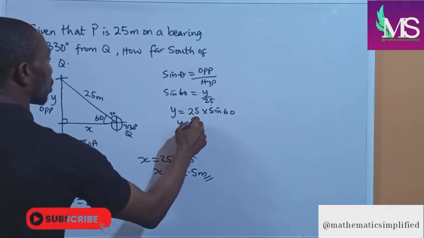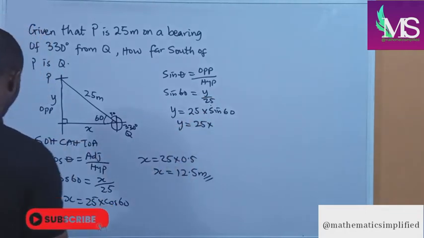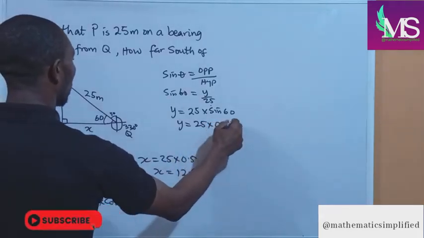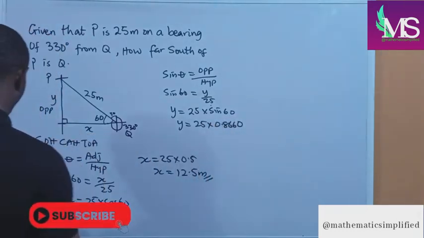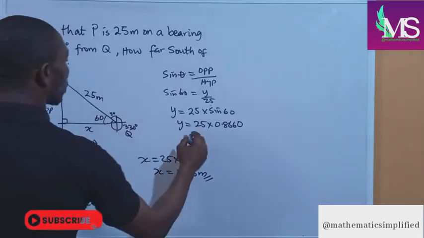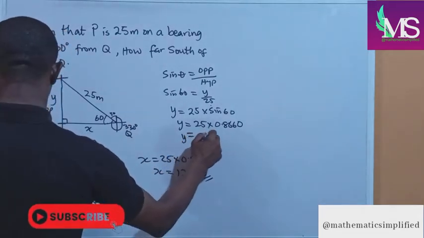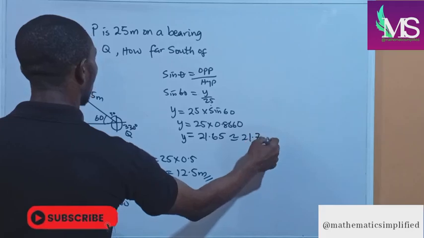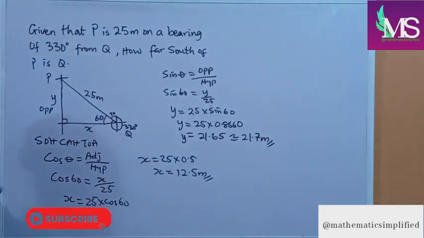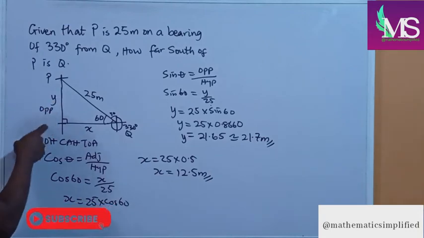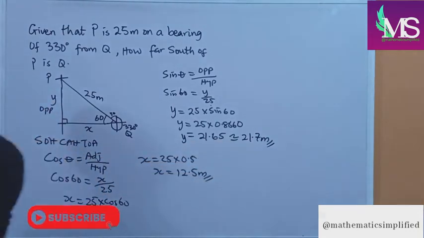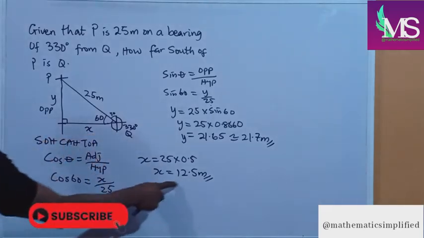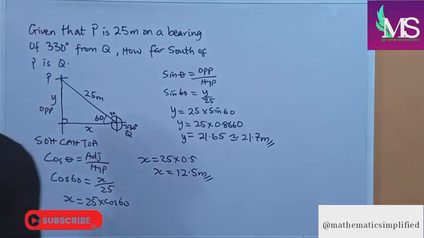So our y will give us 25 times sine 60, which is 0.8660 times 25, would give us y equals 21.65, which is approximately 21.7 meters. So if we are to calculate our opposite too, it will give us 21.7 meters, depending on how you interpret it. And if you have to calculate this, it will give us 12.5 meters.